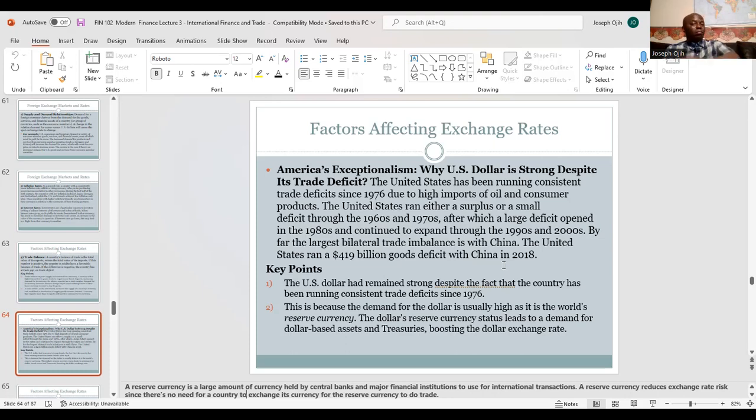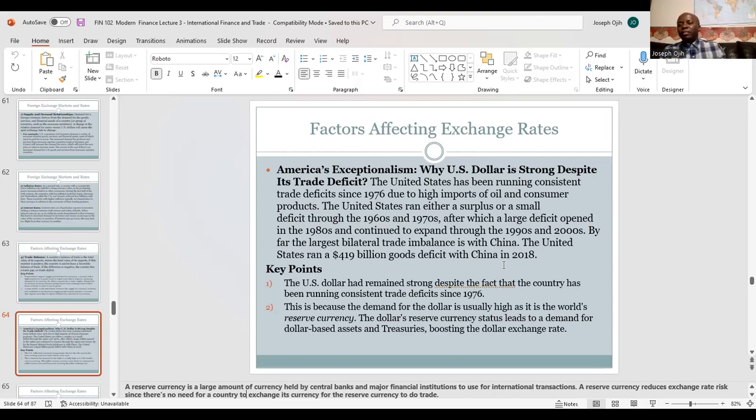So the US dollar is held in large quantity in different central banks all over the world for different transactions. So the dollar's reserve currency status leads to a demand for dollar-denominated assets, things like US bonds, treasury bills, US certificates of treasury, all the assets that are denominated in dollars.